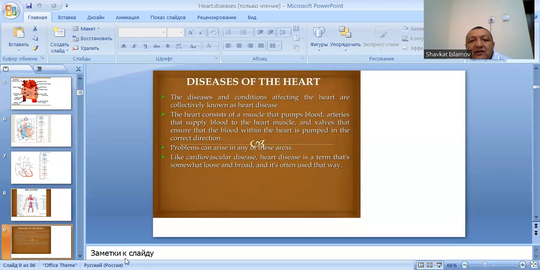Problems can arise in these areas, like cardiovascular disease. Heart disease is a term that's somewhat loose and broad and is often used that way.